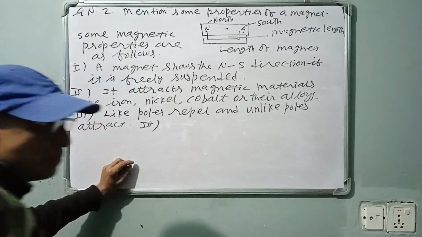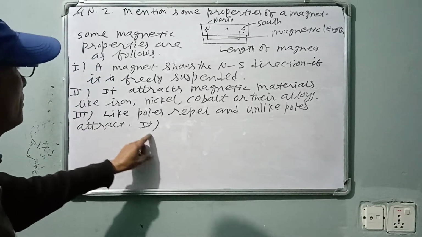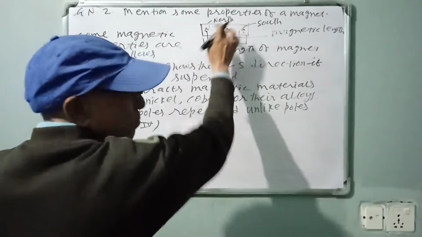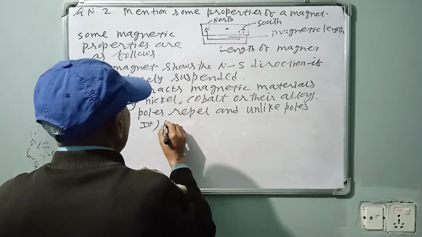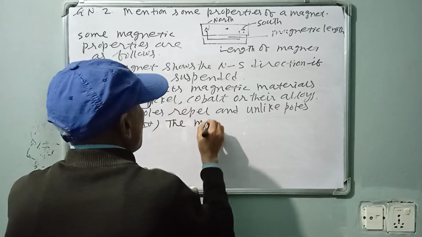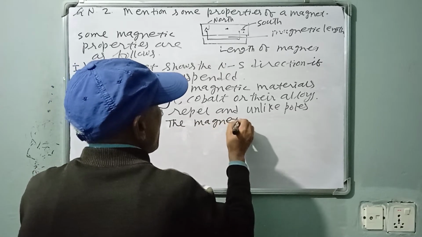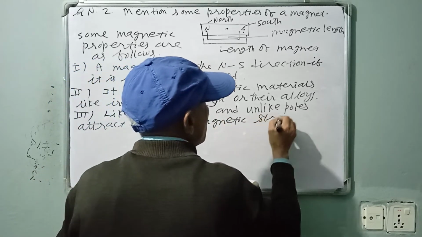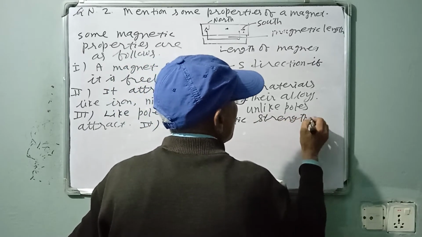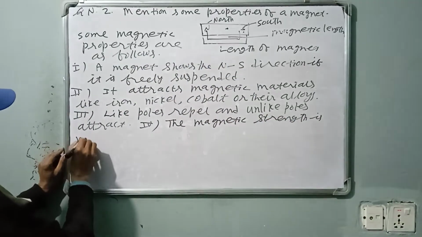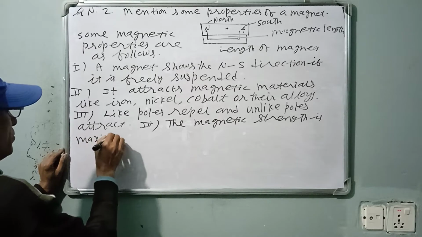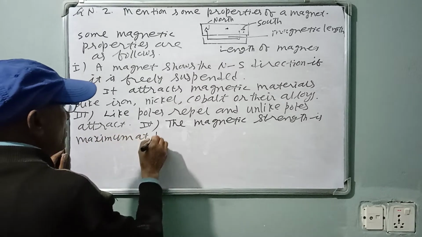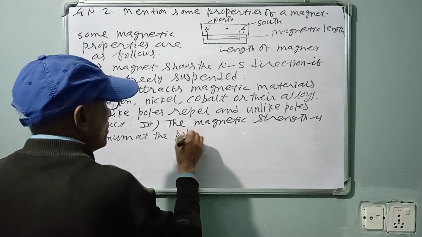Another, can you say magnetic strength? The magnetic strength is maximum at the poles.